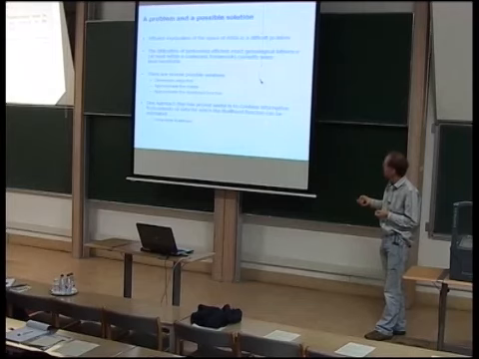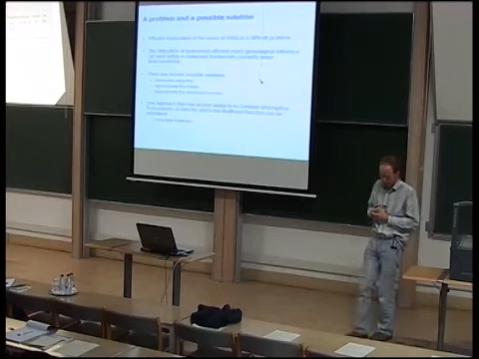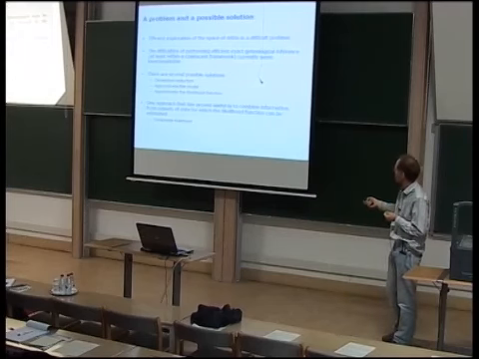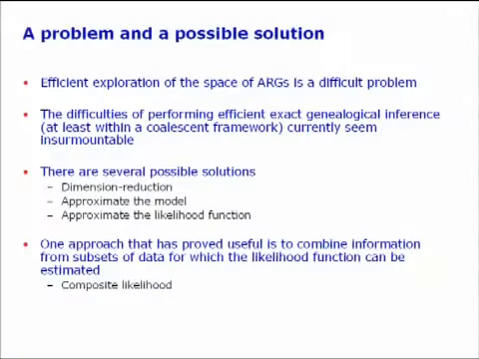That's one approach. Another approach, which it's possible Richard talked about, but I don't know for certain, is that rather than deal with the coalescent, you can try and take out the best bits of the coalescent and come up with new models which allow for efficient inference, which captures some of the key features of the coalescent, but throws away a lot of the complexities. That's a nice idea and has proved very useful in some settings.